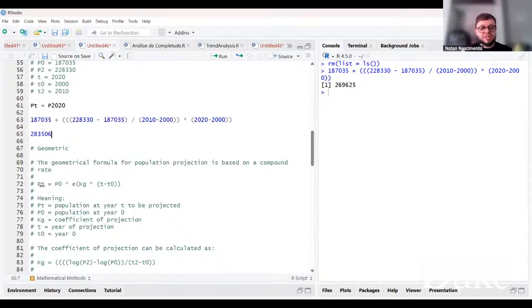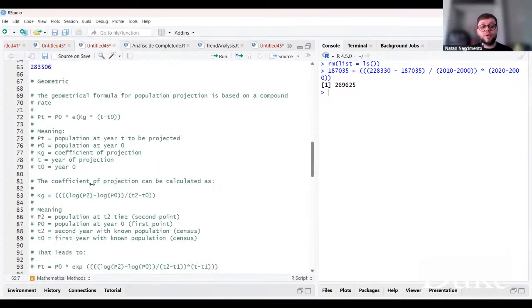That means that the population needs to be in a curve, not in a straight line. And for that, we need a more sophisticated formula. I'm not going into too much of why we use what we use. Instead, I'm just going to show you how to do that.